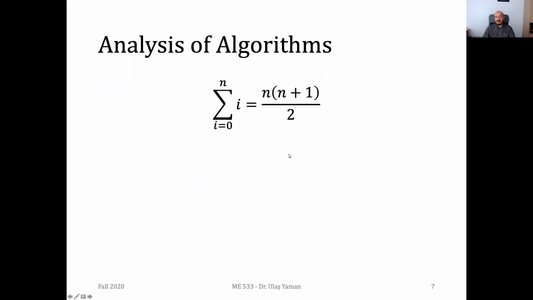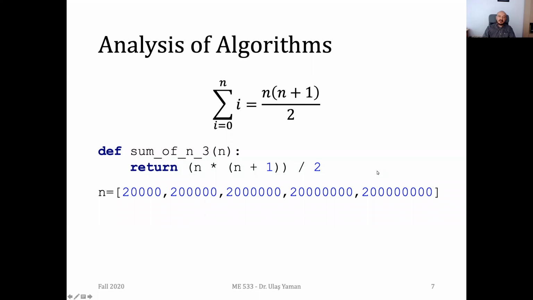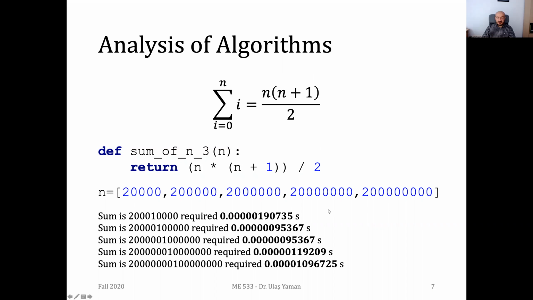But if you have a simple expression instead of a for loop here, in the previous definition we had a for loop, but right now we have a single expression. So it shouldn't depend on the number of inputs. So now let's have a look at this list. We have different inputs starting from 20,000 going to 200 millions. So this is a huge difference.